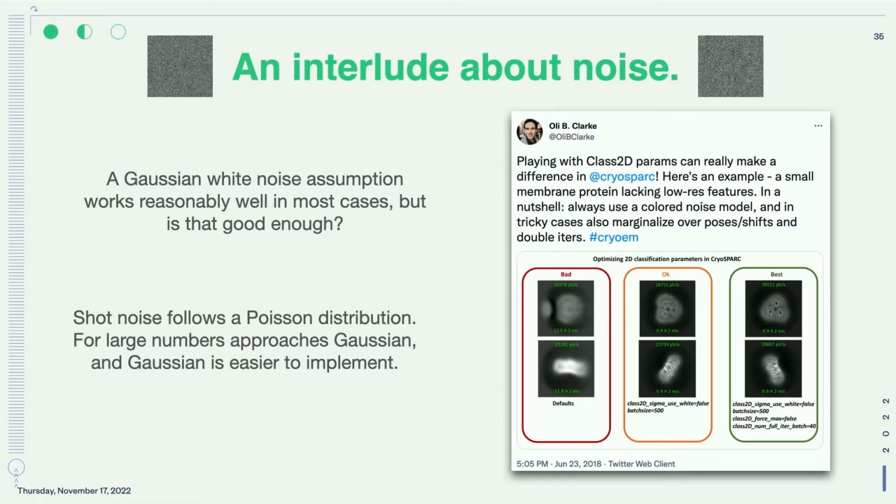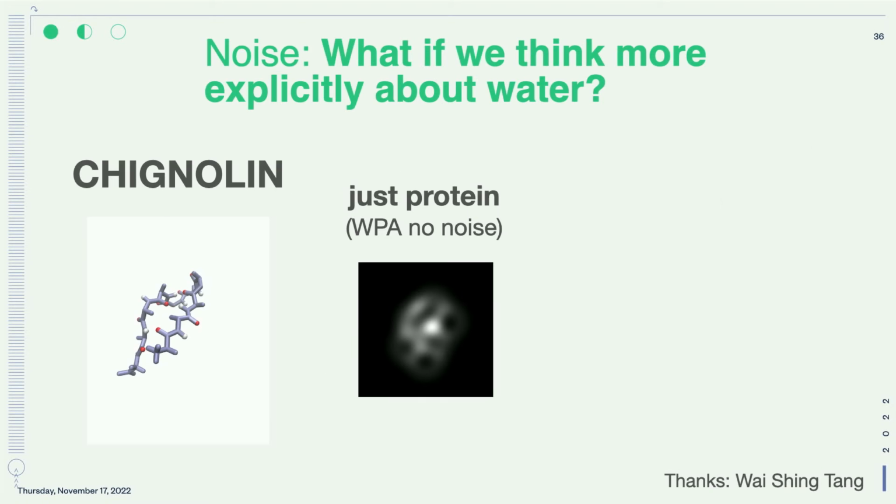There are other things that maybe we can think about more concretely, like how CryoSpark has implemented colored noise, and possibly going back to Poissonian distributions of noise. Of course, it's easier to implement Gaussian noise, but especially when it comes to thinking about heterogeneity and these small motions that potentially are important for biological temperature sensing, maybe it could be useful to go back to this. Just something to think about.